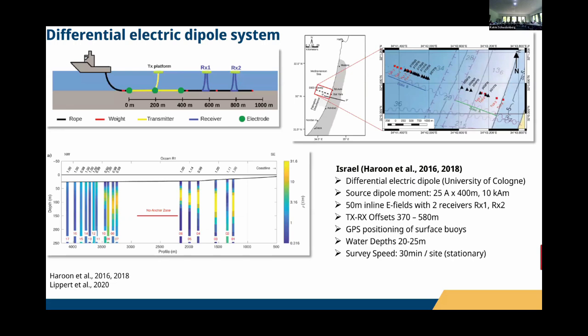Here's some technical information on that. 25 amps times 400 meters, so a pretty long differential dipole. 50-meter inline electric fields with two receivers, RX1, RX2. Offsets between the transmitter and receivers were 370 to 580 meters.